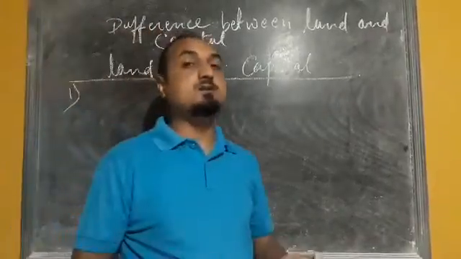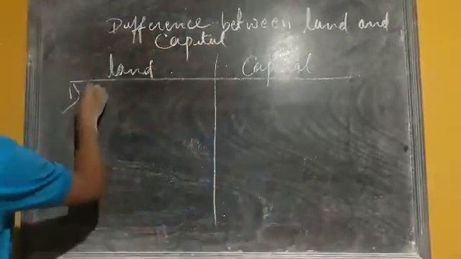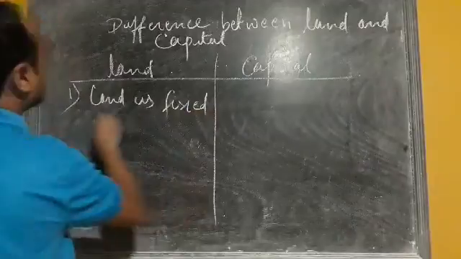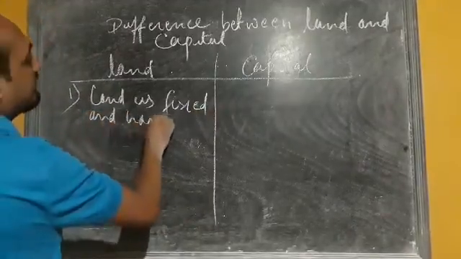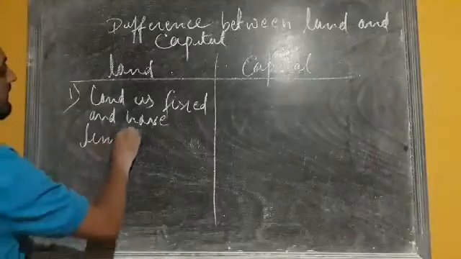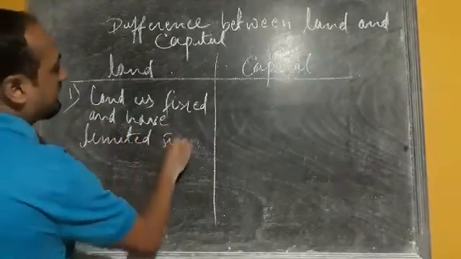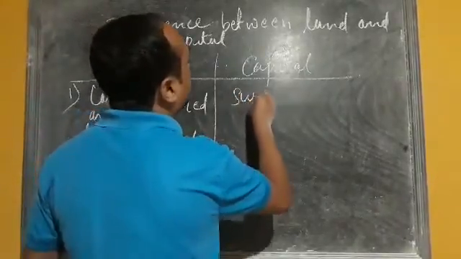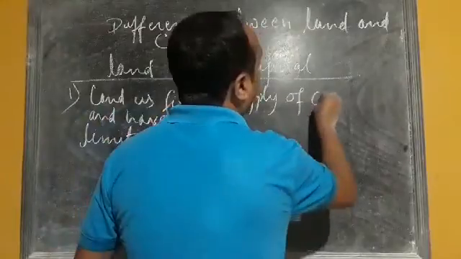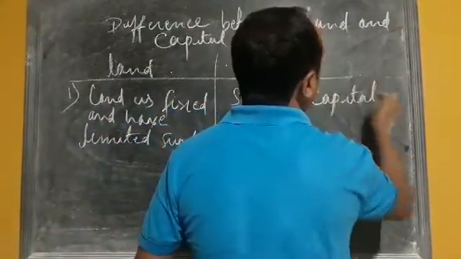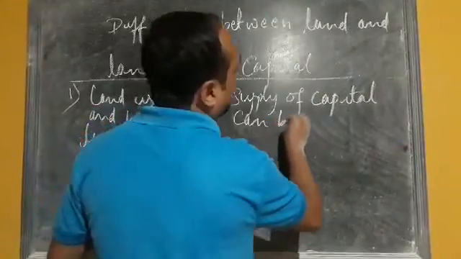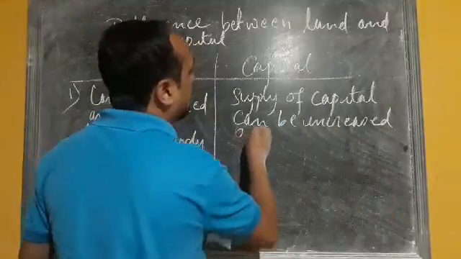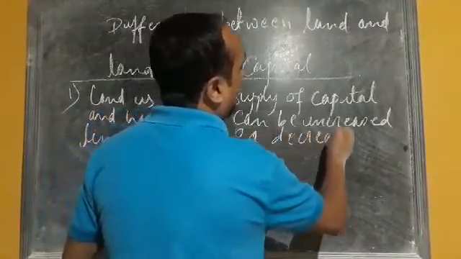Land is fixed and has limited supply, whereas in the case of capital, the supply of capital can be increased or decreased.